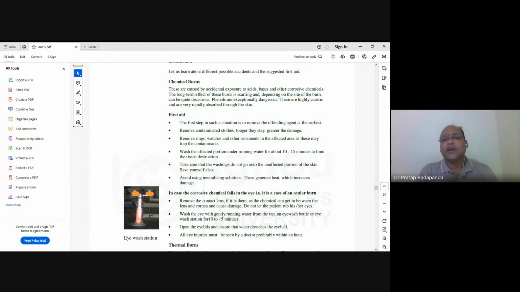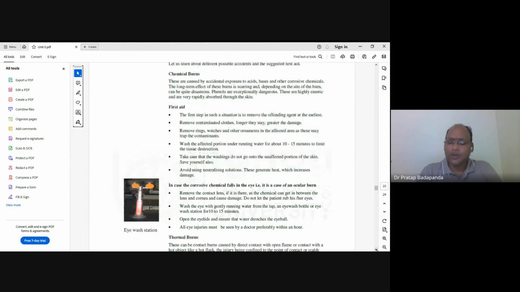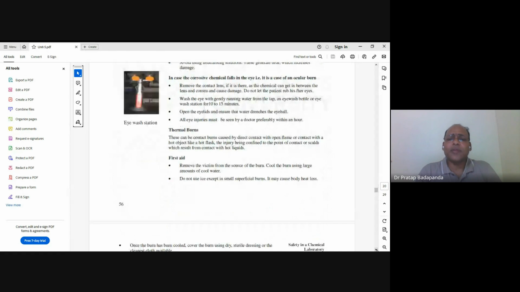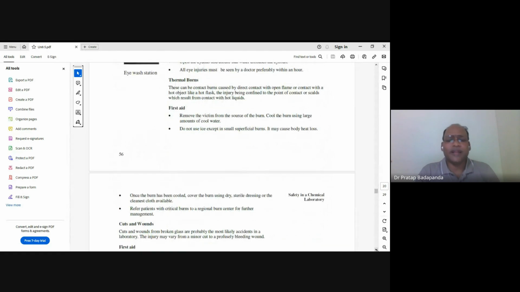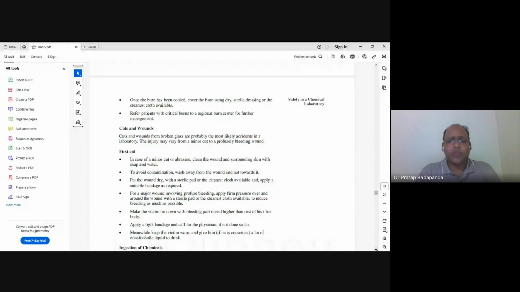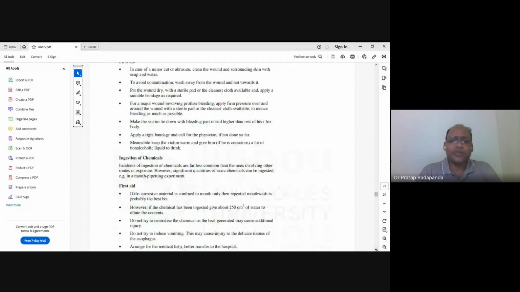The first step in such a situation is to remove the offending agent at the earliest. Remove contaminated clothes; the longer they stay, the greater the damage. Thermal burns mean you have to cool them immediately. Cuts and wounds, you have to treat first.